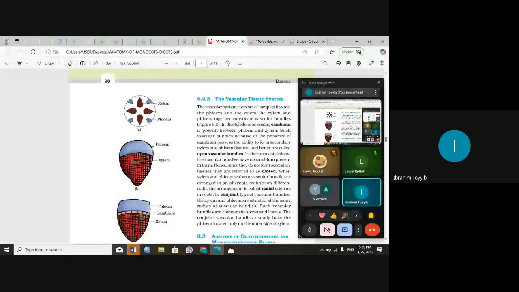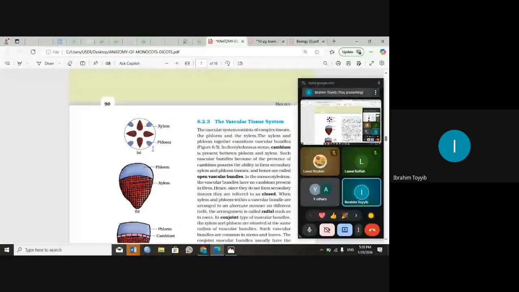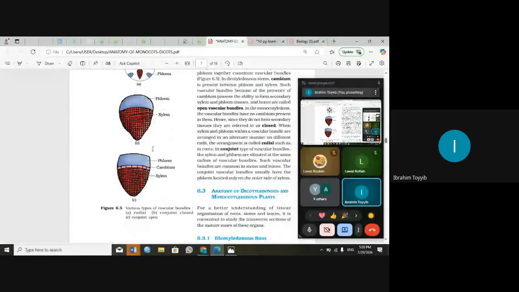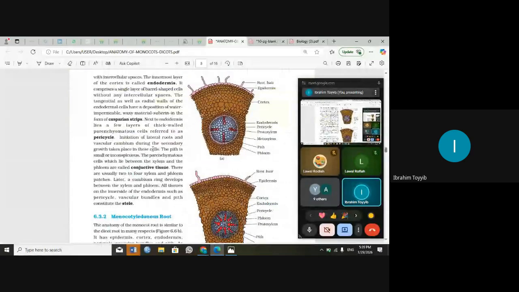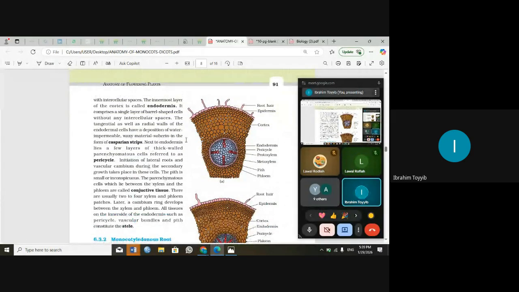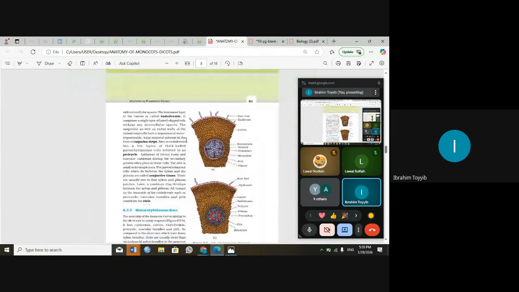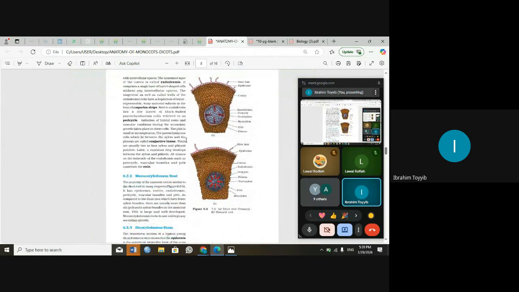Now let's look at the structure of the vascular tissue. We are coming back to this now. This is where we are going. Now, this is dicot root.